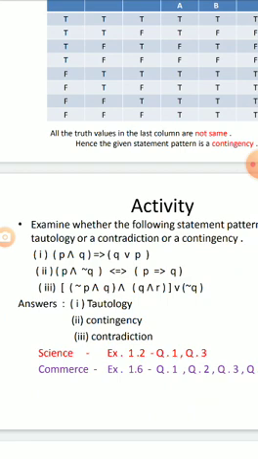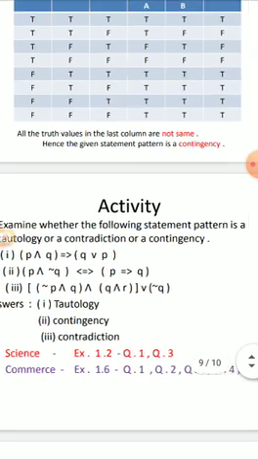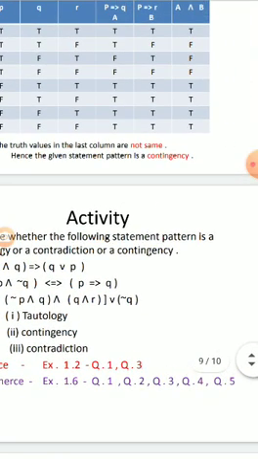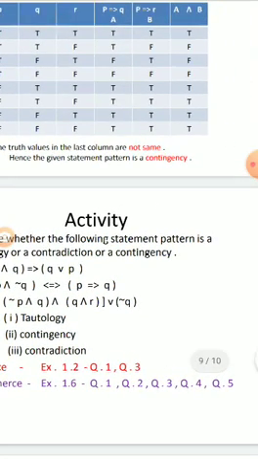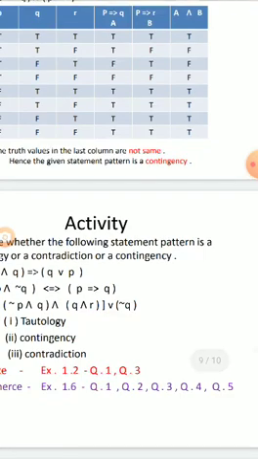So every time you have to prepare a truth table, and then check the values in the last column corresponding to the given statement pattern, and you have to solve some additional examples given in your textbook. Science students: exercise 1.2, question numbers 1 and 3, and commerce students: exercise 1.6, question number 1, 2, 3, 4, and 5.